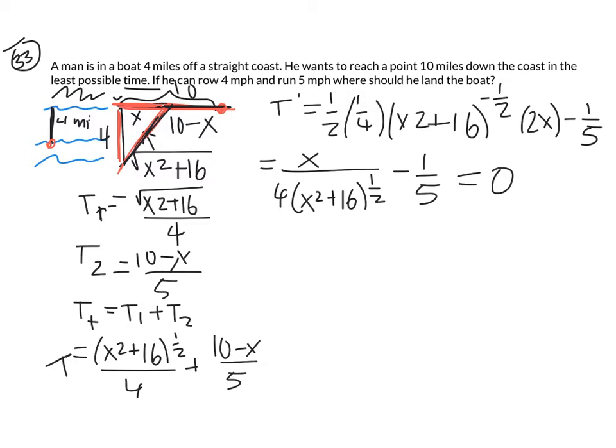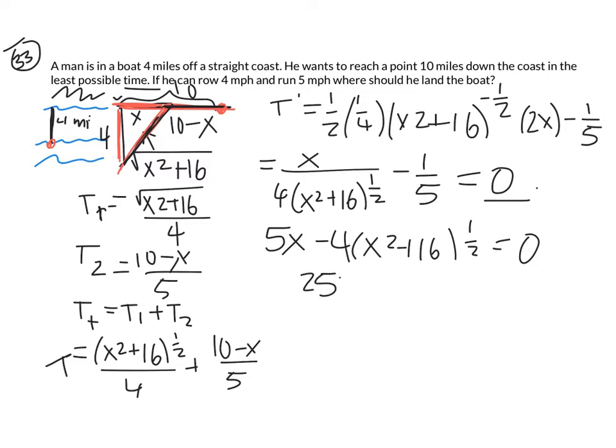Let that equal 0 because you want to minimize it. Then multiplying through, multiplying that x by the 5 and the 1 by 4 times x squared plus 16 to the 1/2, equals 0.